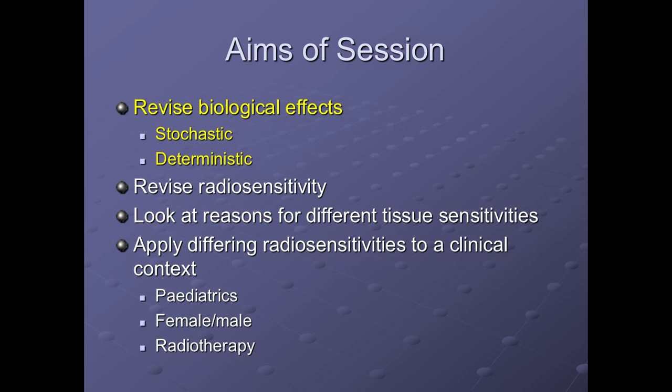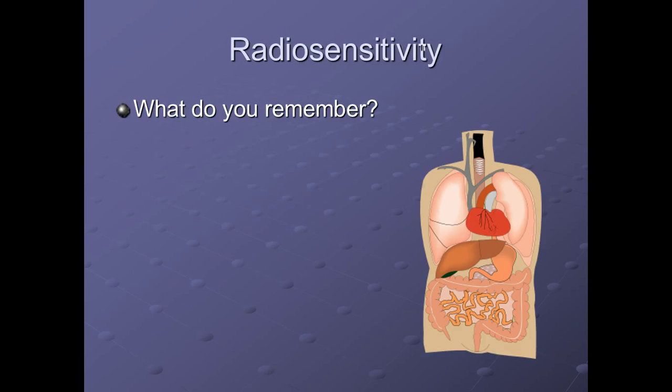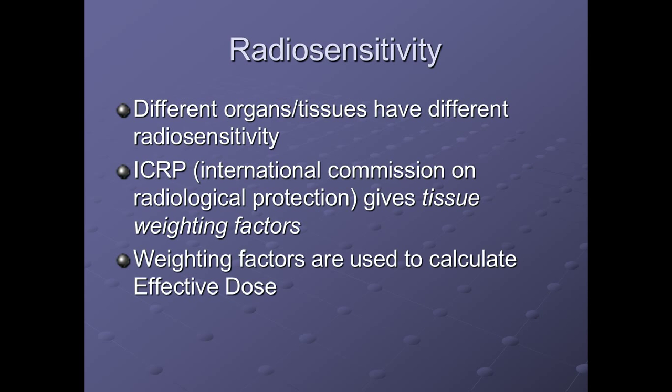So we've now revised biological effects, and hopefully you can remember about stochastic and deterministic effects. We're now going to look again at radiosensitivity. So thinking about radiosensitivity, what is it that you remember? Well, with radiosensitivity, we want to look at the fact that different organs and tissues within the body respond differently to radiation.